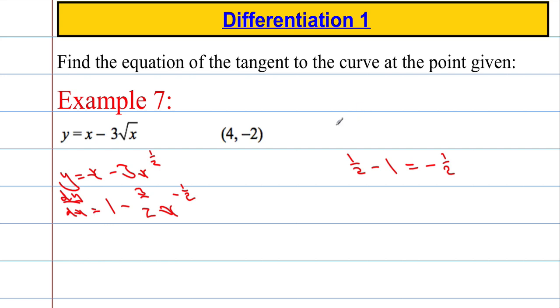Right, now what I need to do is evaluate dy by dx when x equals 4. So substitute in, we get 1 subtract 3 over 2 times 4 to the power of negative 1 half.